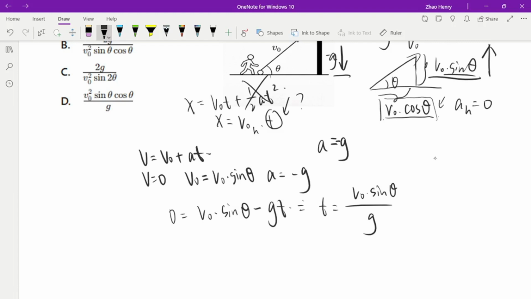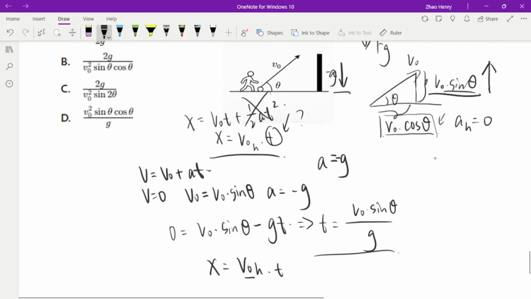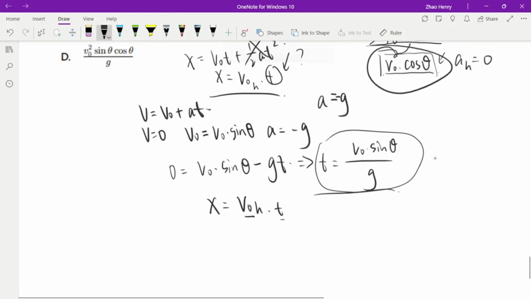Okay. We already figured out t. So using this equation, the displacement horizontally is just x equal to v0 horizontal times t. v0 horizontal is right here, it's v0 times cosine theta. t is right here, it's v0 times sine theta over g.